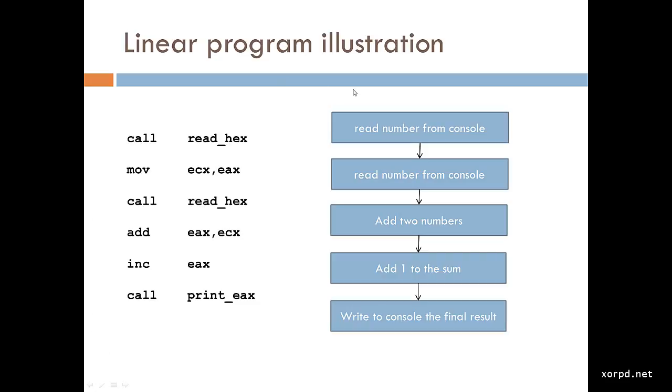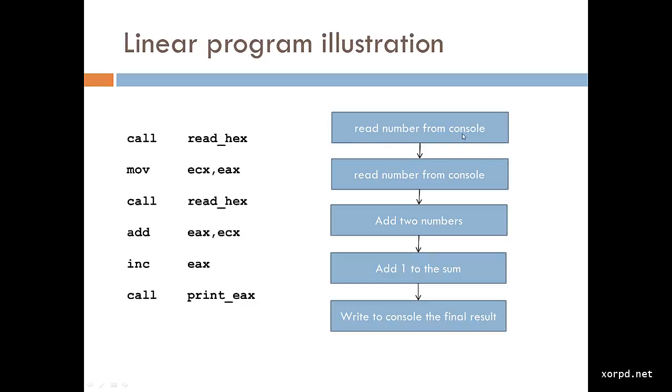If we try to draw this program in some kind of a diagram where each basic task is inside a rectangle and we have arrows between the rectangles, we get something like this.